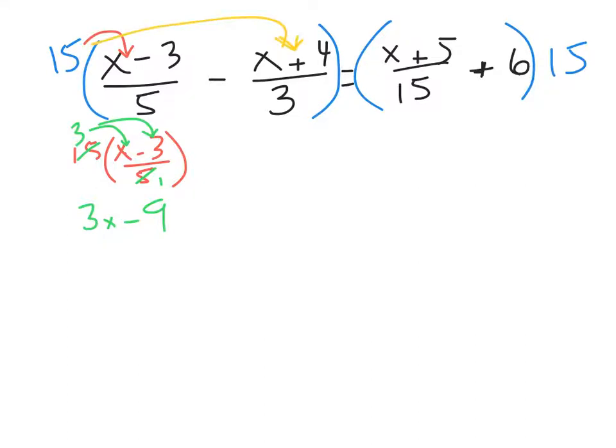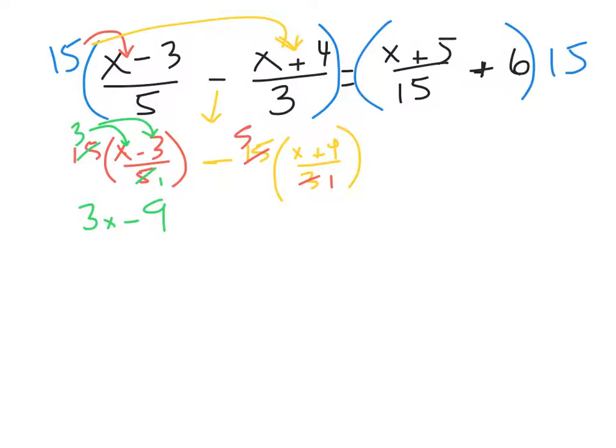Then, going back up to the top, we have to take 15 times this part. Sorry, that's an arrow right there. Remember this is a minus between those two, so this is going to be 15 times (x plus 4) over 3, but that will again allow me to cancel out that 3. We can divide both of these by 3, so that becomes 1, but 15 divided by 3 is 5, so now that 5 gets distributed.